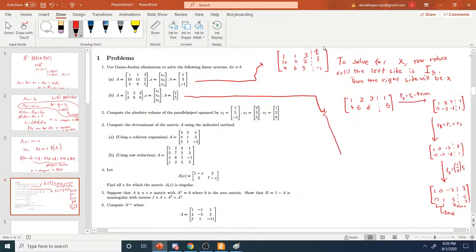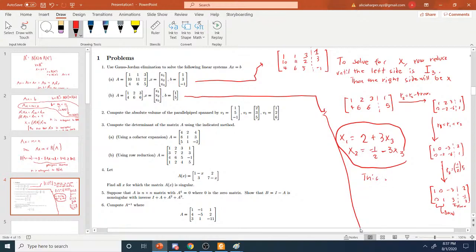So I find that x1 is going to be equal to 2 plus 3x3, and then I find x2 is going to be equal to -1/2 minus 3x3, and this solves 1b.